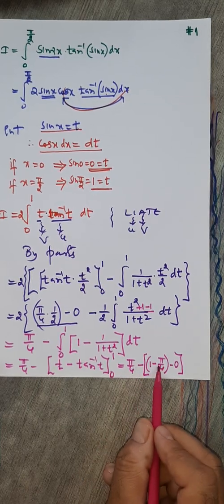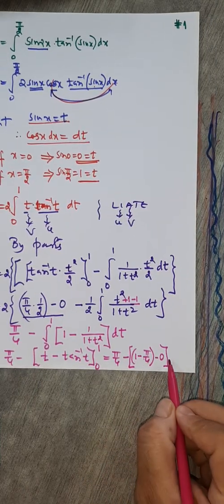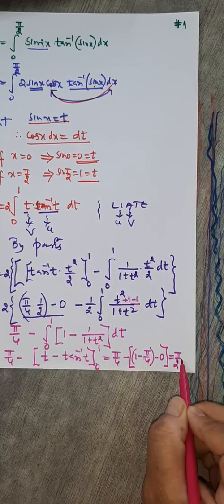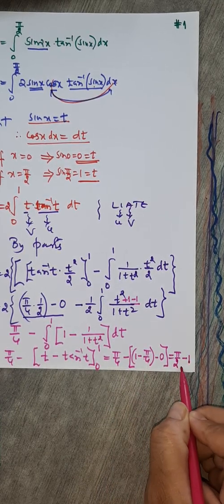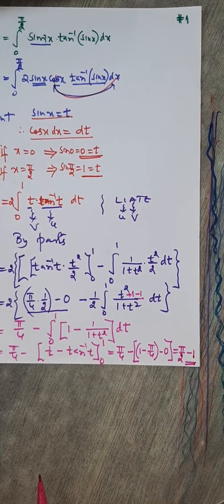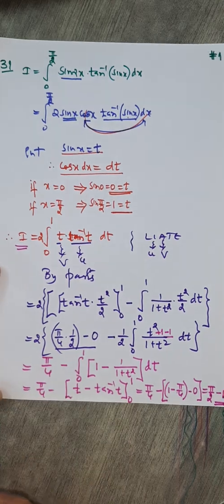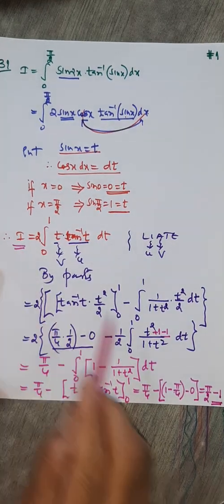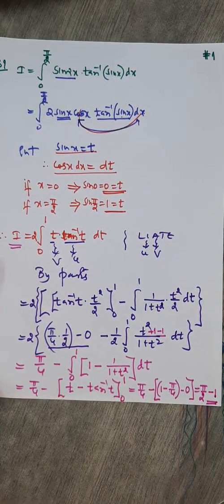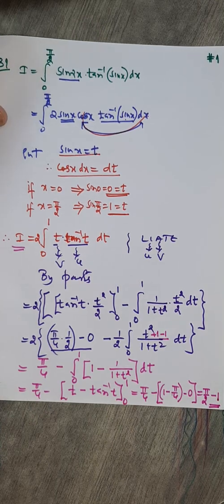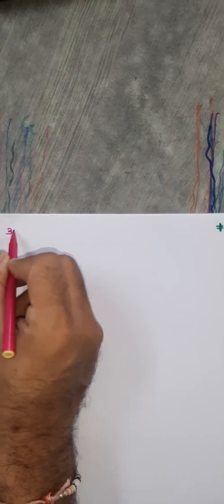So this will be pi by 4 plus pi by 4, it would be just pi by 2. Minus 1. This is the final integral, pi by 2 minus 1. The left hand side was just I, look at there. So I equals pi by 2 minus 1. That's the required integral.